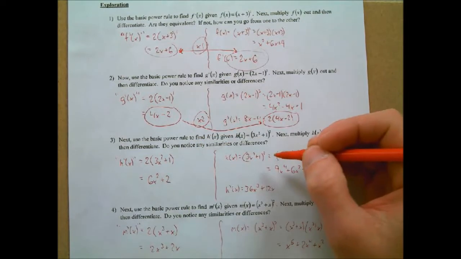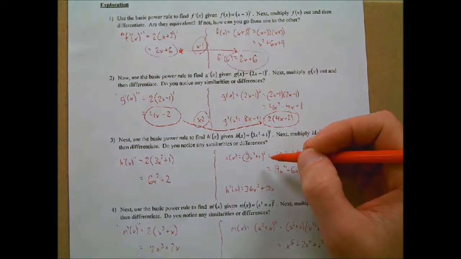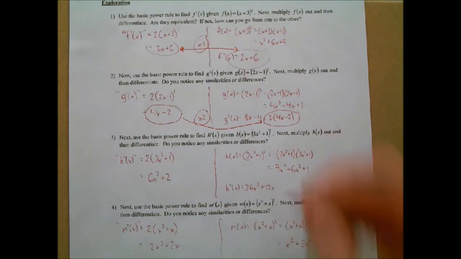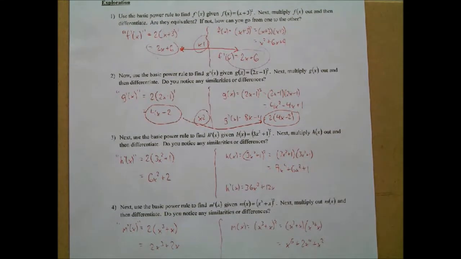Then you can factor out the cube, but you shouldn't have to factor out. Okay. I'm confused. The chain rule.